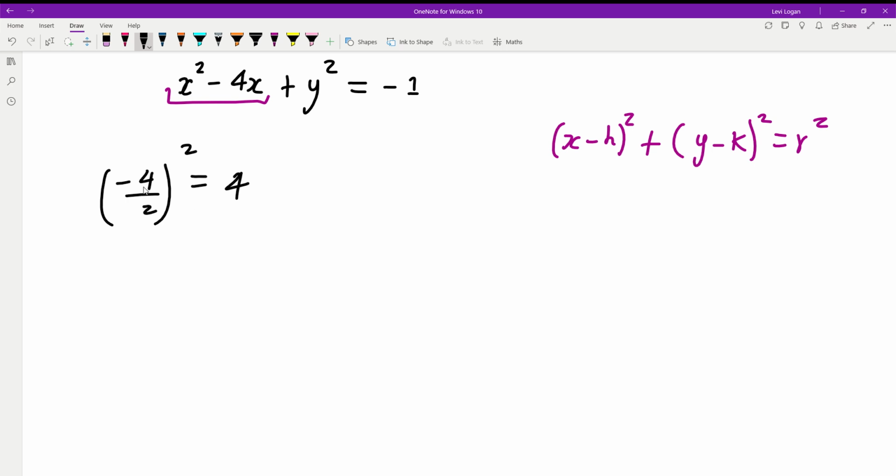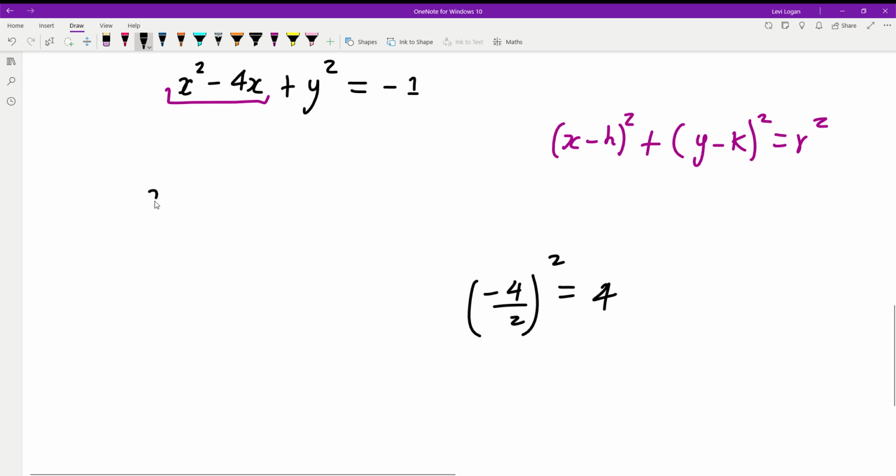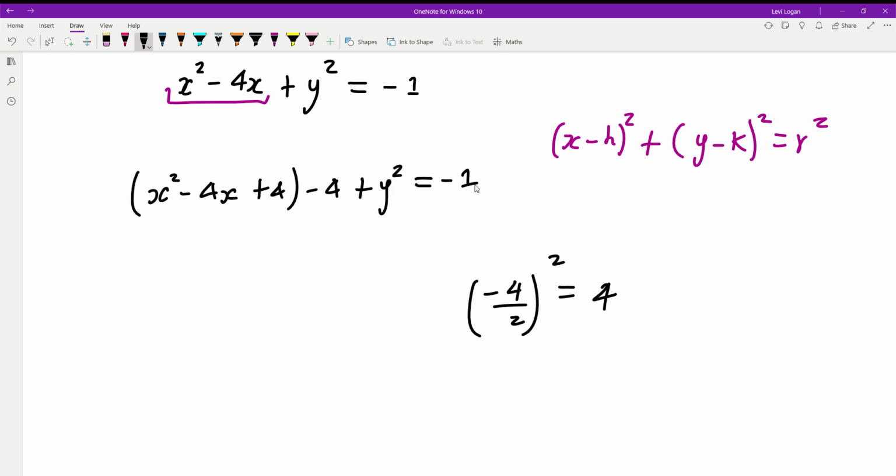Yeah, because negative 2, gotcha. And then you add the 4 and then you subtract the 4. So we'd have x squared minus 4x plus 4 minus 4, and that gives you a perfect square there. So this can be rewritten as (x minus 2) squared plus y squared minus 4 equals negative 1.